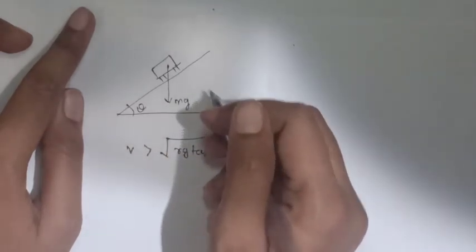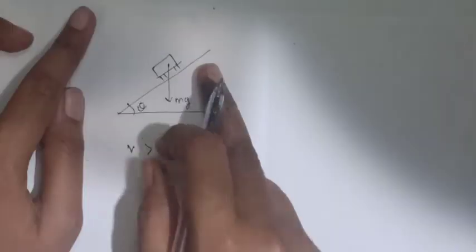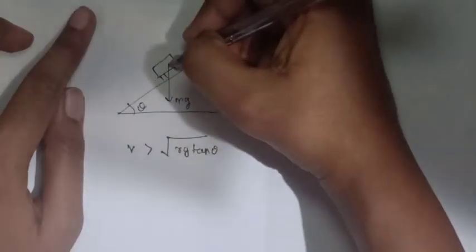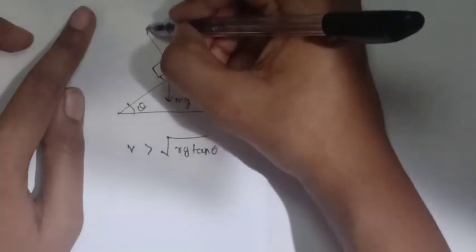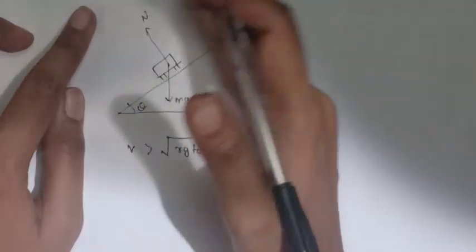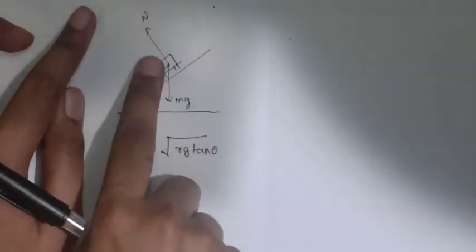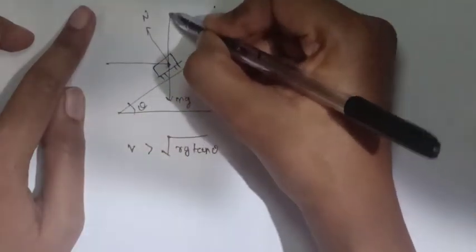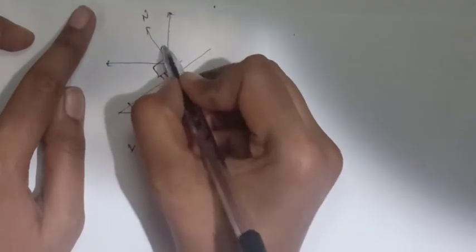After that, the surface of the road exerts a normal reaction, the opposite force. The normal is slanted, so the normal is resolved into vertical and horizontal components.